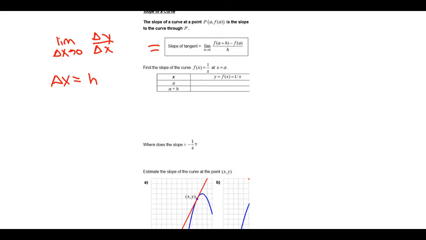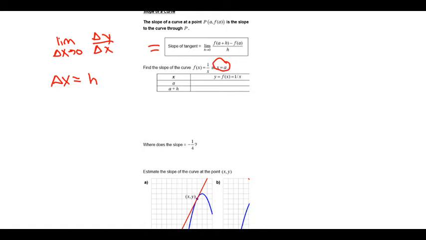So we want to find the slope of the curve f of x equals 1 over x at x equaling a. So this is going to be a purely variable problem because we don't actually have a number for a. So we're going to work through it similarly to the problem on page 2, but now we're just going to use the variables x and a and h.